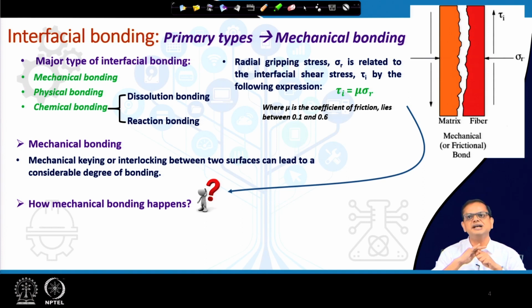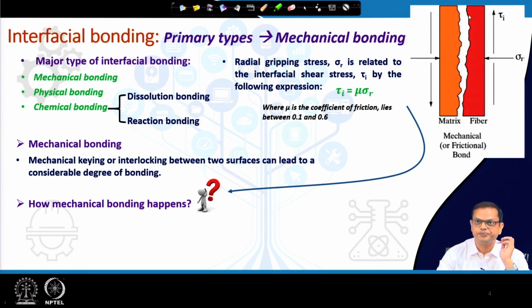The second point is the surface roughness. Higher the surface roughness, generally the coefficient of friction will be higher. Also, one more thing we should not forget is that during solidification, when it is in molten state, obviously we do not have this kind of roughness on the metal side. Okay.